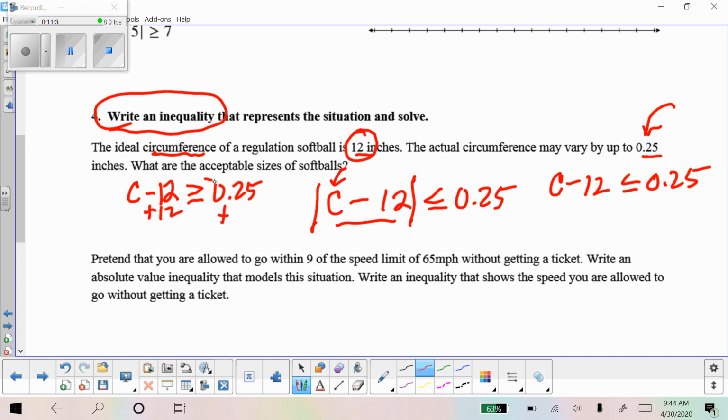Whoops, I forgot to make that a negative. Sorry about that. When you do the negative solutions, you flip the sign and make it the negative. And when I solve this one, I get 11.75. And when I solve this one, I get 12.25.